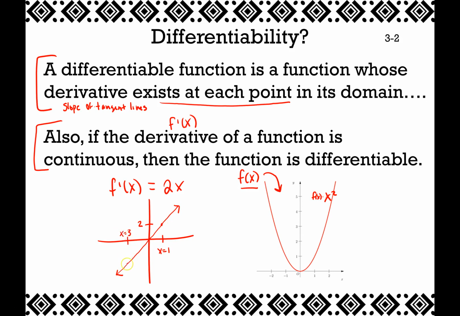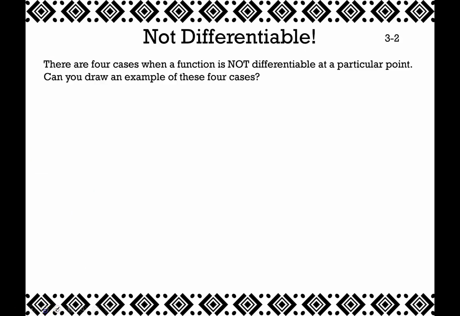Well, that would be this point right here. That's the point 3, negative 6. And so our slope at negative 3, maybe right up here, has a slope of negative 6. In other words, if your derivative is continuous, you are implying that there's a tangent line slope for every single point for f of x. So f of x is differentiable.